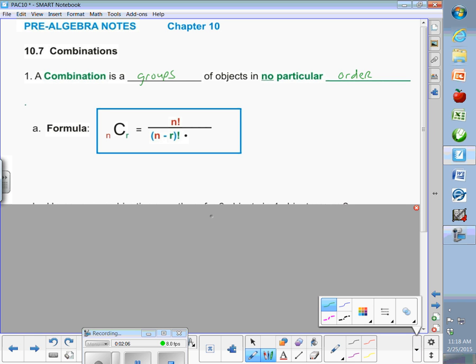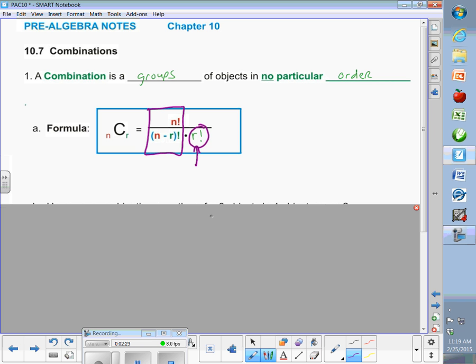I'm going to take my green and down here add r factorial again. So notice again, this is the permutation formula. What makes it a combination is to divide one more time by r factorial. I'll show you how to do that in just a moment.